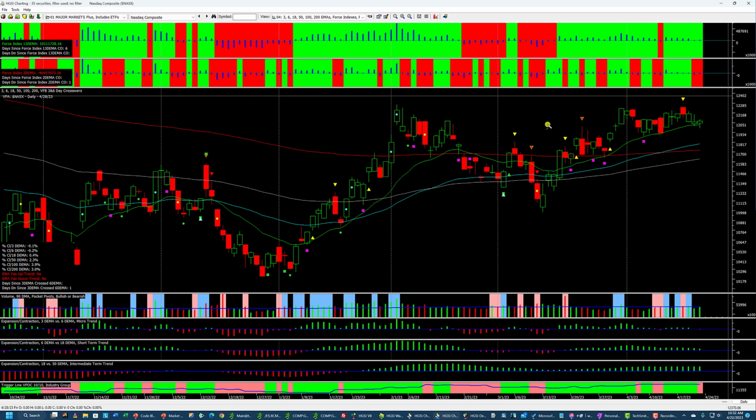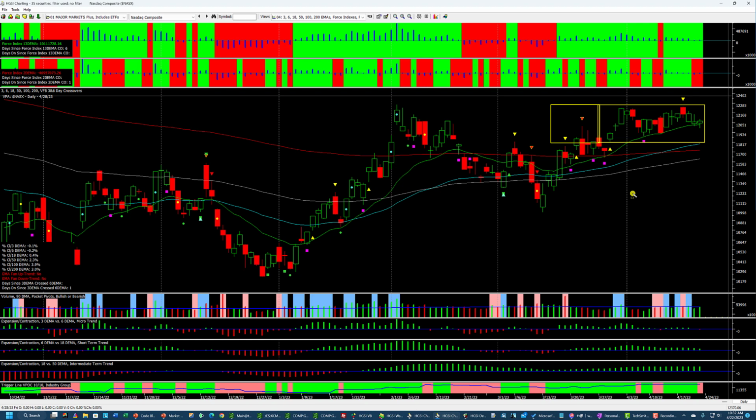Now, if you look at this area right here, look how long this has been in this trading range, and this could be extended out to include this area too. The comp has really gone nowhere, and it's tough to figure direction.